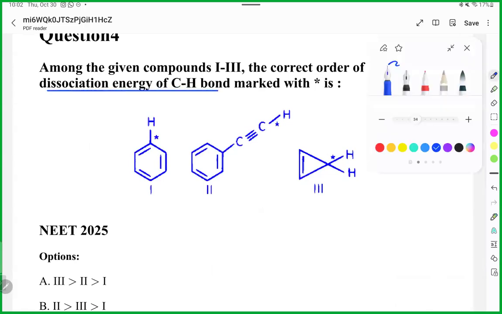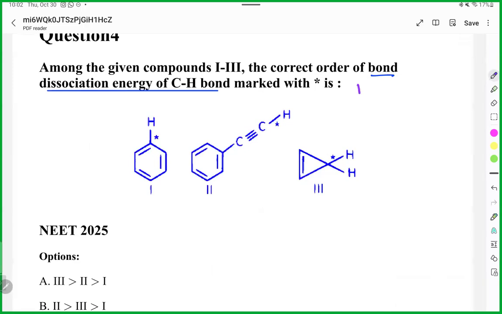Now you know that if bond dissociation energy we are looking for, we have to look for stability. Correct? More stability, less bond dissociation energy.